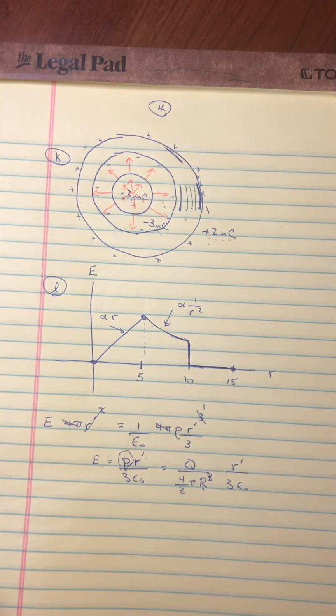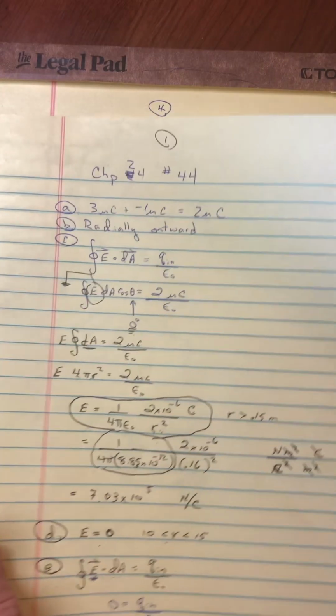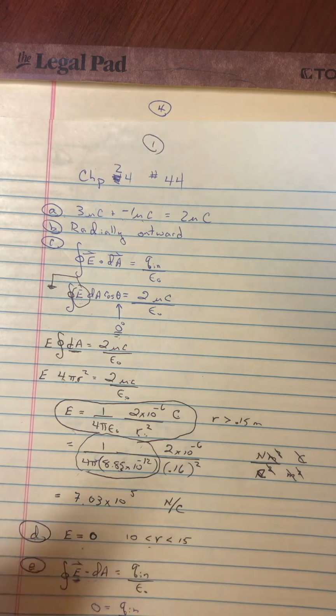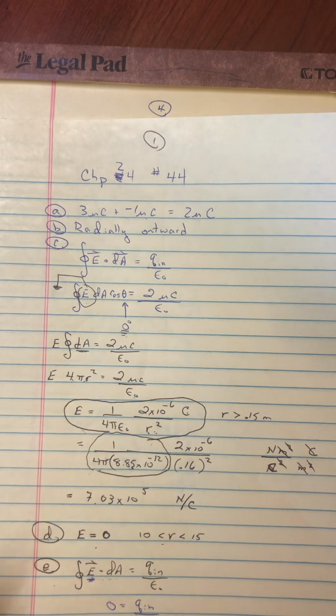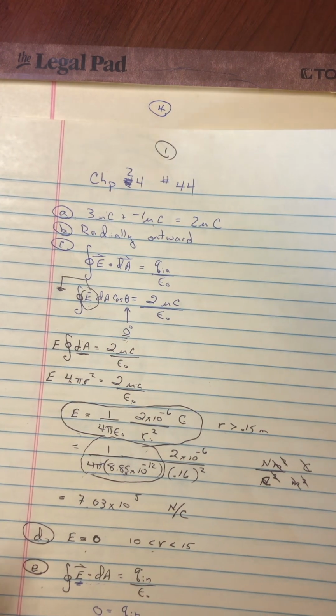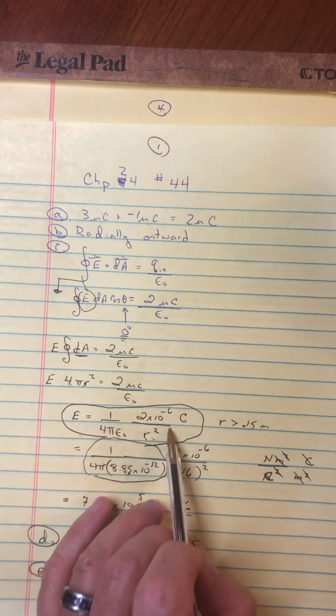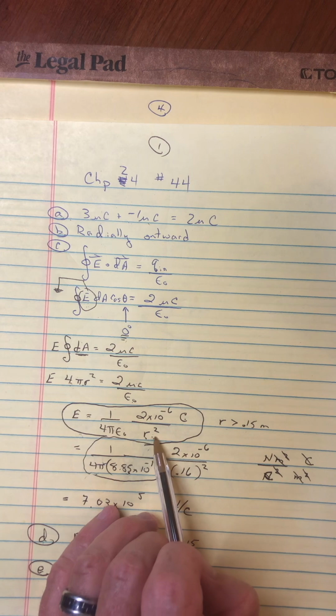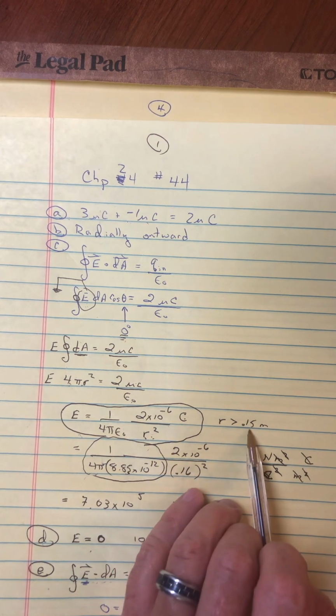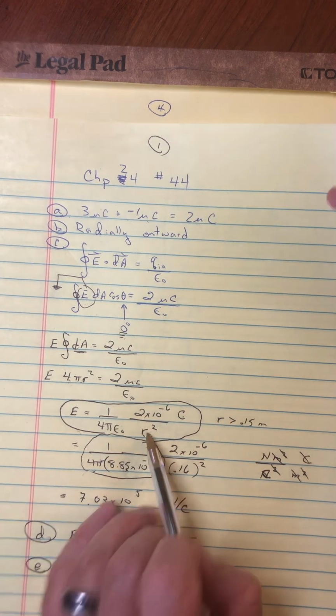Okay. And then finally, what we did was on the outside, which I think we did very first. So they tried to give us the easy working in instead of the kind of the way you might think about it, the harder one, and then working out. But we've got this equation, which again is proportional to 1 over r squared, and it's valid for greater than 15.